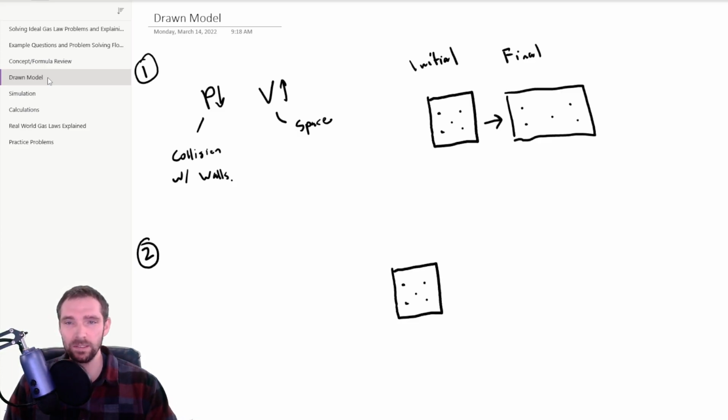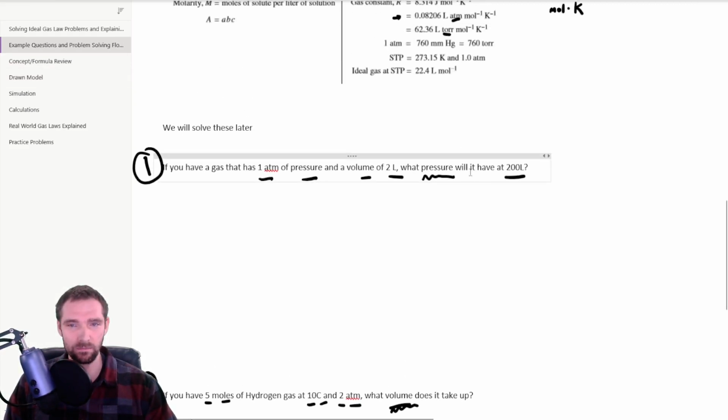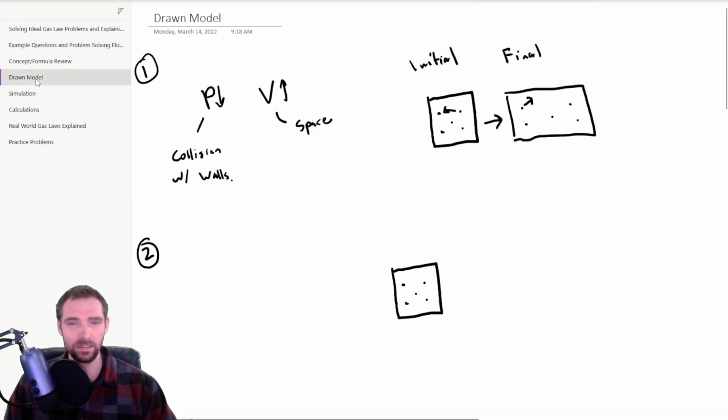So you can imagine that if there's more space, these particles, if they're traveling the same speed and at the same temperature, are going to be colliding with the wall less often. So the pressure should go down. Conceptually, that's what's going on with this first problem. We know that the volume has increased, so the pressure should have decreased.